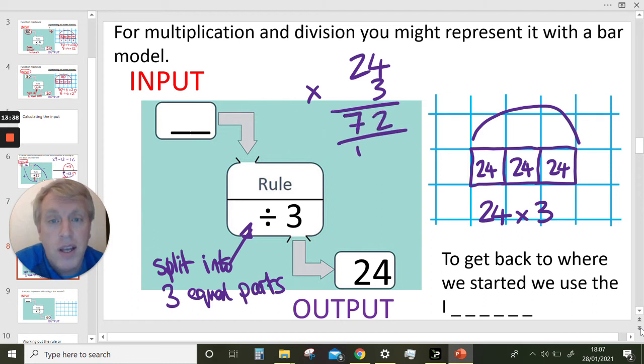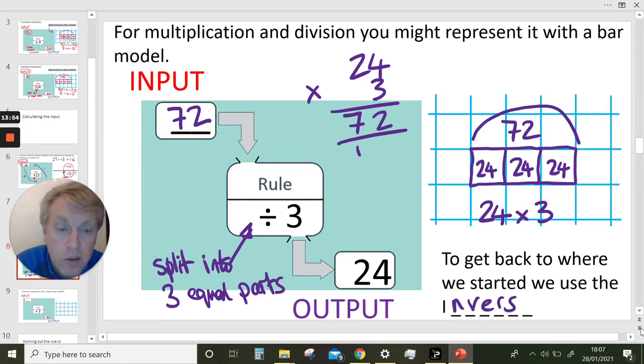Add 1 is 7. So our amount is 72. 72 divided by 3 makes 24. Here you see what we did. We did the inverse. The inverse of dividing, when we went backwards the other way, is multiplying.